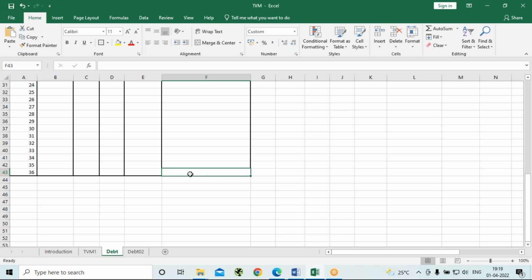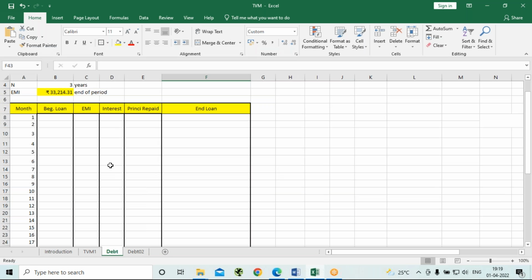That means when you complete this tenure of 3 years, 36 months, the last installment should be 0 rupees. Okay. So how to bring that calculation?